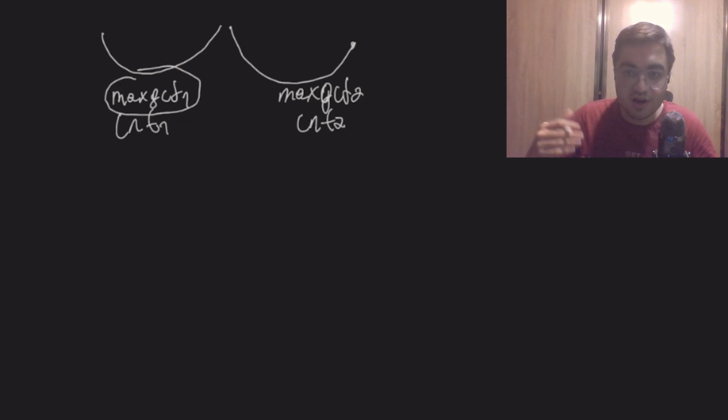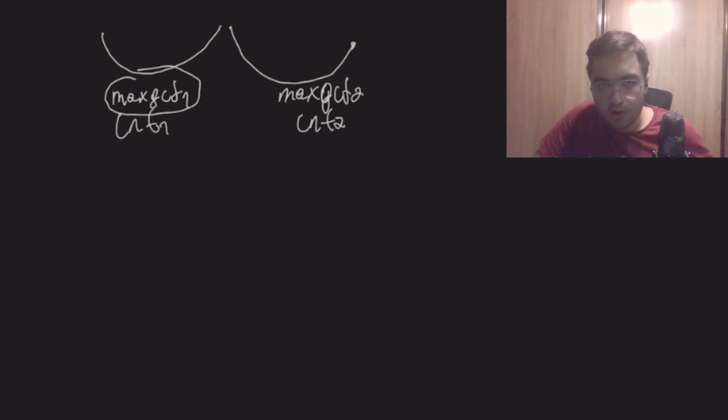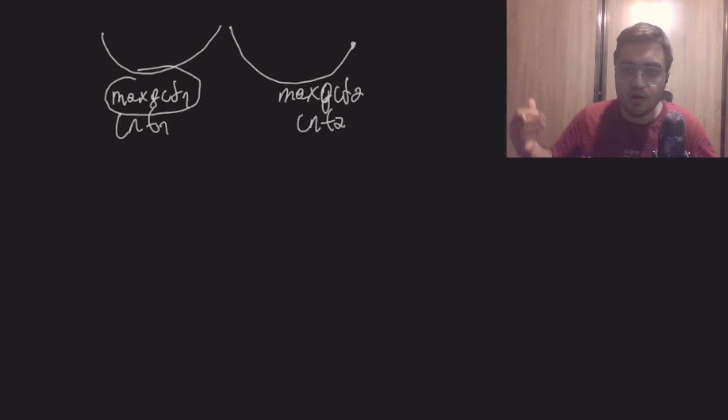So the current answer, this is not the final by the way, would be max GCD1 and CNT1. If max GCD2 was bigger than max GCD1, then it would have been max GCD2, CNT2. And if they are equal, it would have been that equal number, and the count would have been CNT1 plus CNT2. Right, so this part is pretty clear. Obviously, along the way, we need to keep track of the current max GCD and the count.